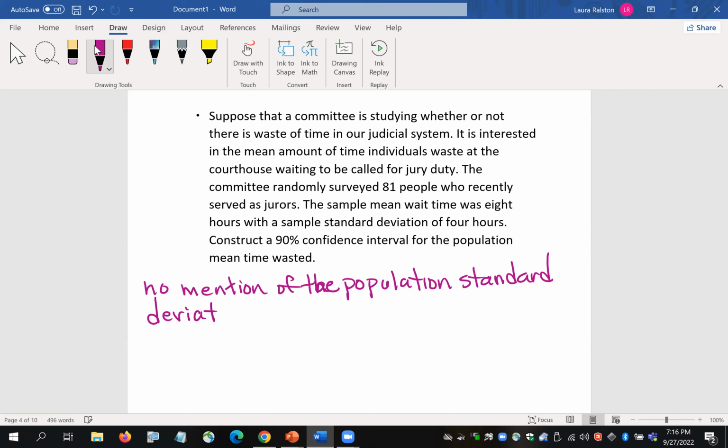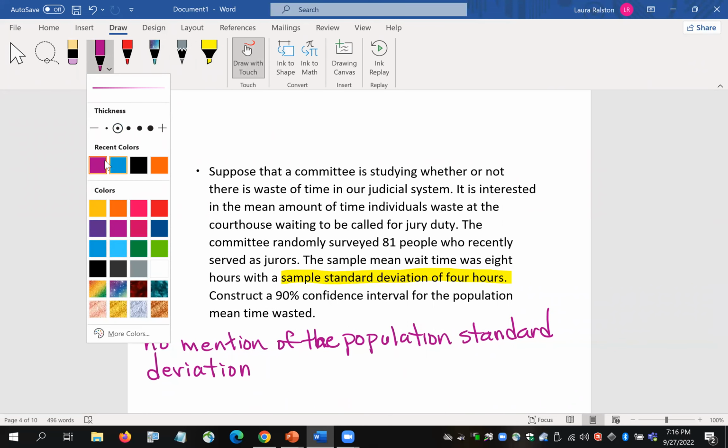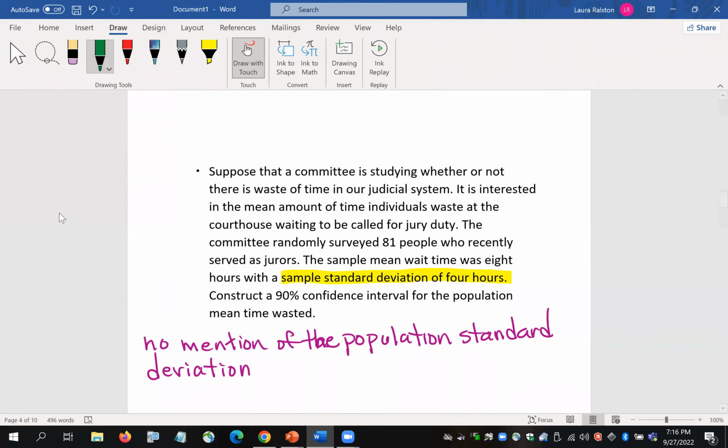So I cannot do the Z because I do not know the population standard deviation. That is the difference. What I do know is the sample standard deviation. It tells me the sample standard deviation. When I know the sample standard deviation, I'm going to construct what is called, and let me do it a different color, what is called a T interval.